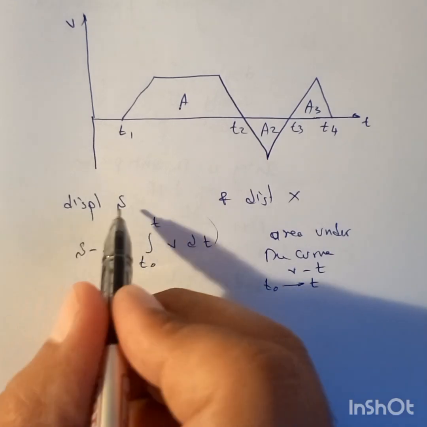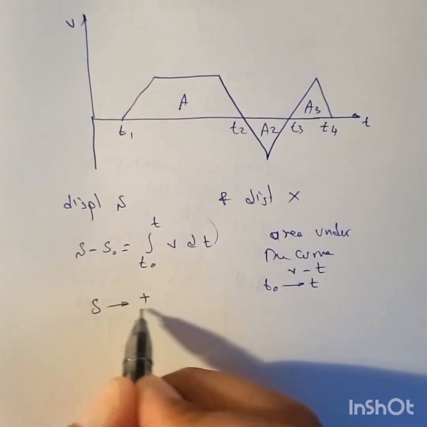As displacement is a vector, s can be positive or negative.